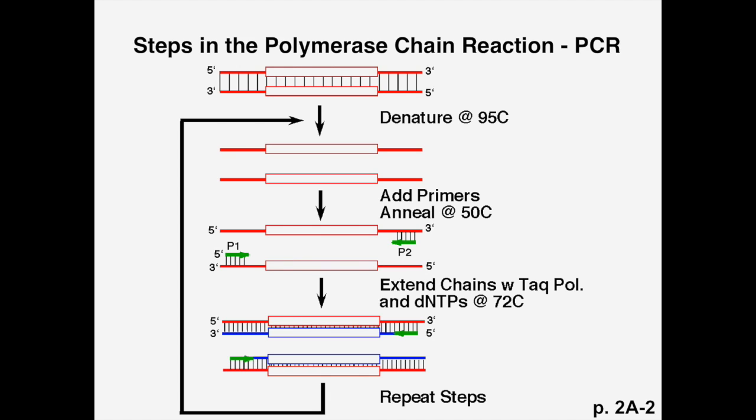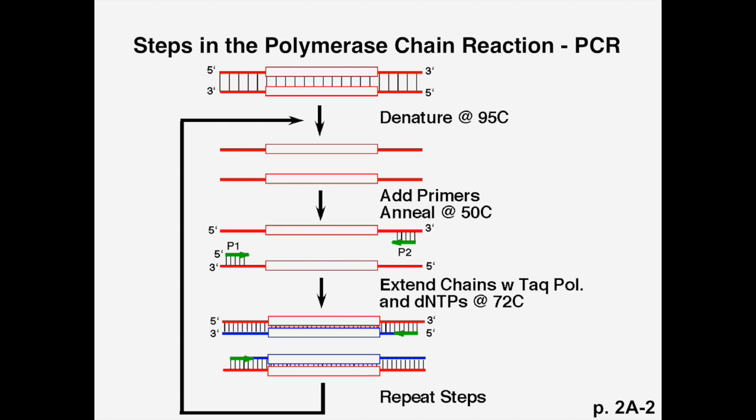Basically, you're going to denature the DNA at about 95 degrees centigrade, and we're going to add primers. The primers are already in the tube when we put them into the thermocycler. When we add the primers, we have to lower the temperature so that they will anneal at about 50 degrees. These temperatures can vary ever so slightly depending on the reactions and the DNA you're trying to amplify.